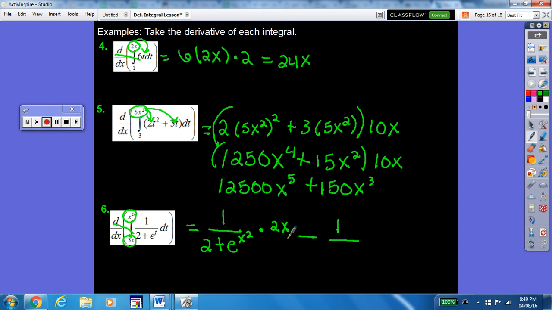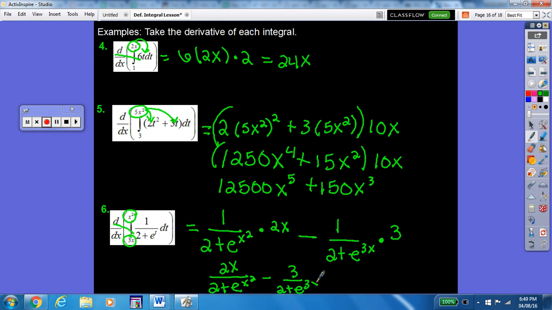So that minus is going to come from that concept. So okay, putting this guy in would be 2 plus e to the 3x, excuse me. And then again, you also have to multiply by the derivative of the inside, which is 3. And so just making this look a little bit prettier, it would be 2x over 2 plus e to the x squared minus 3 over 2 plus e to the 3x.